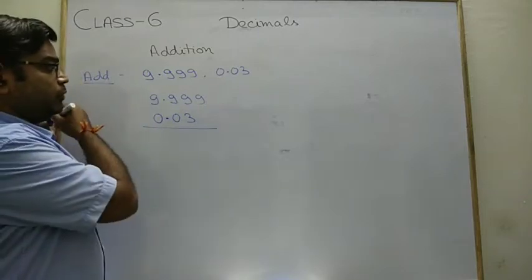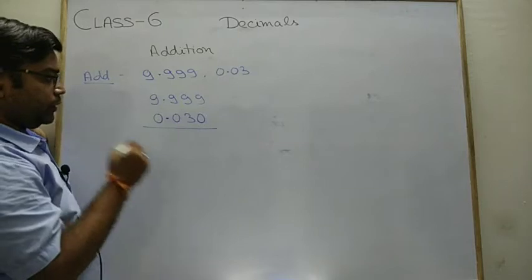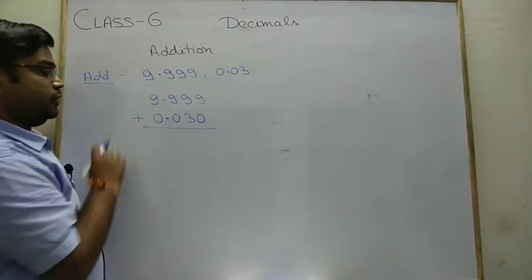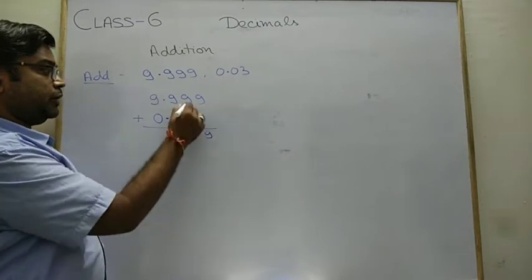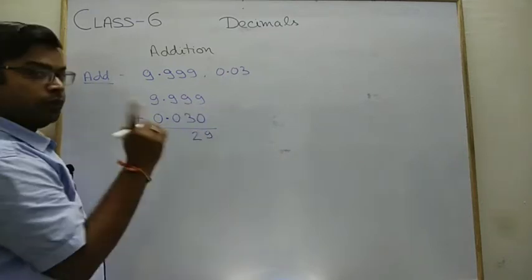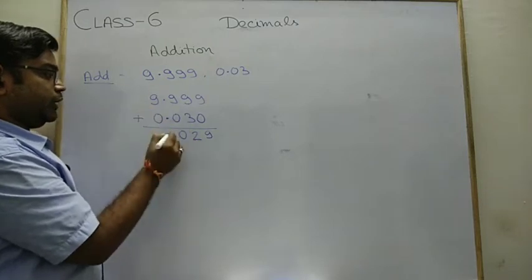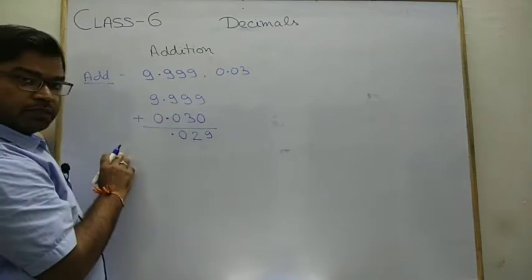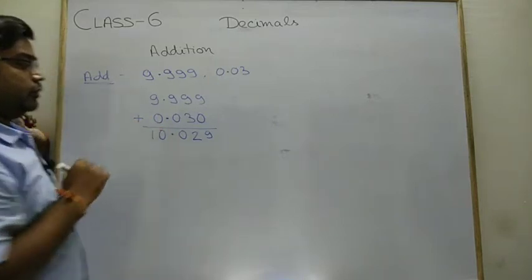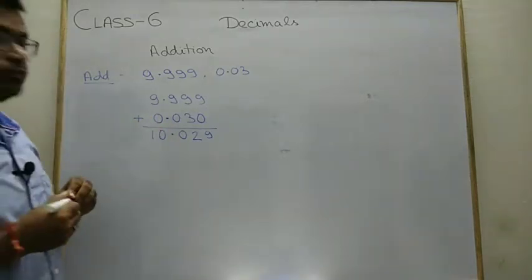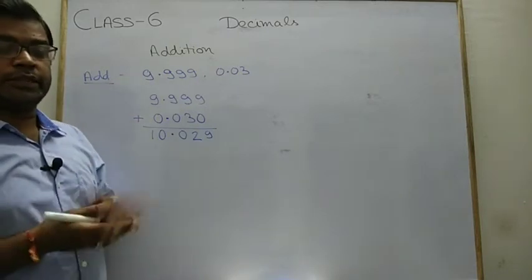For that we have to add 0 at the end of 0.3. Now the question says add, so use the plus sign. 9 plus 0 is 9, 9 plus 3 is 12, 2 and 1 carry, 9 plus 1 is 10, 0 and 1 carry, then place the decimal, then 9 plus 1 is 10. This is your simplest method to do the addition.